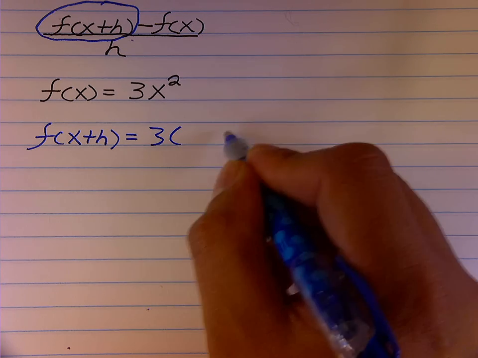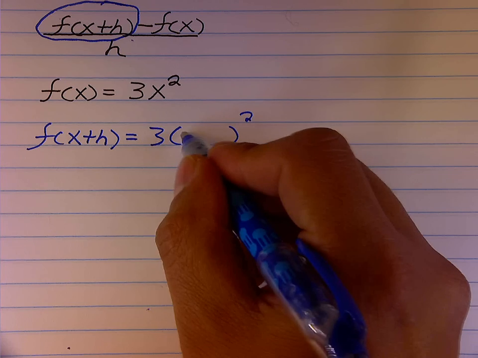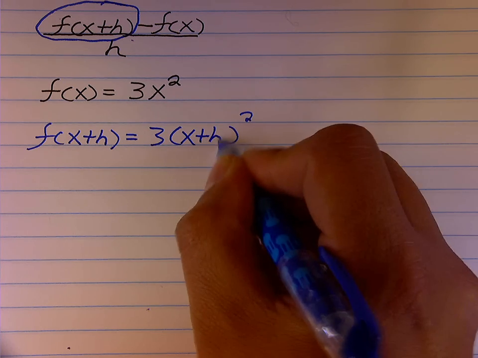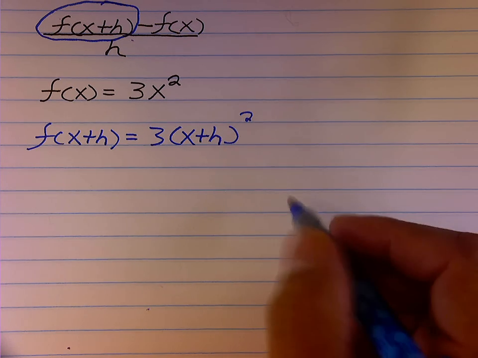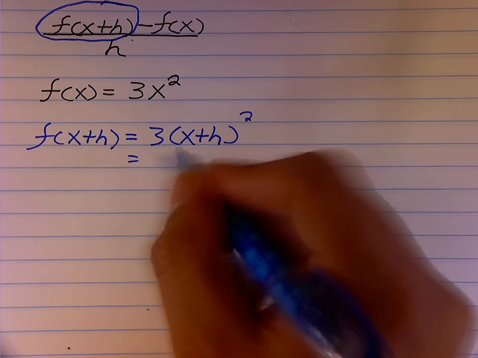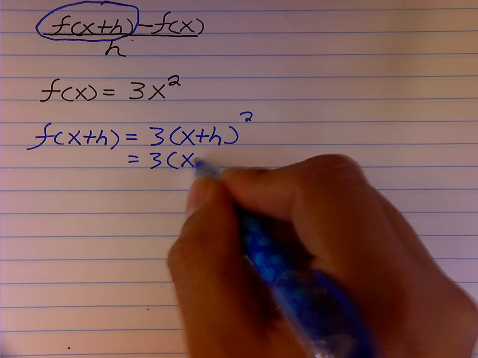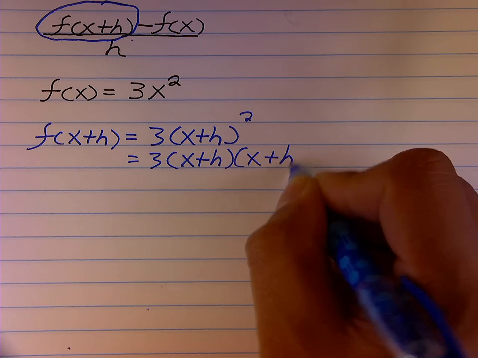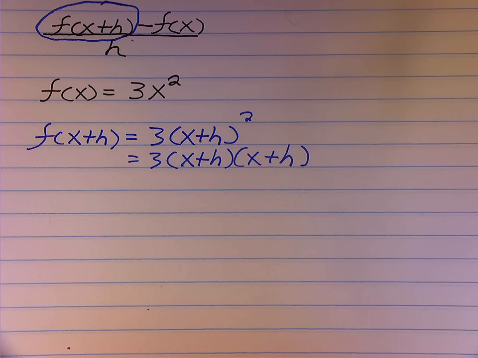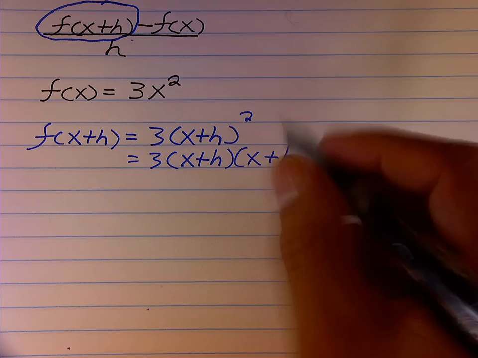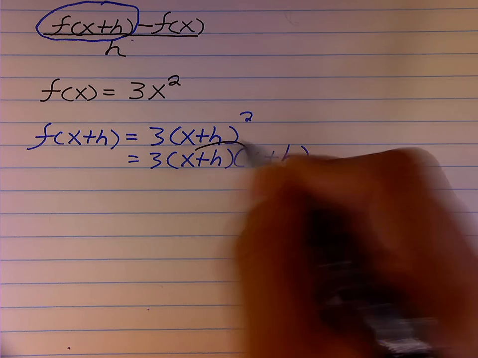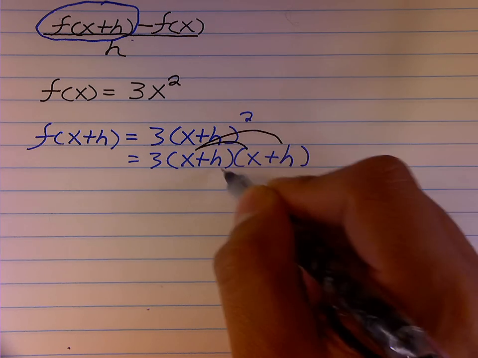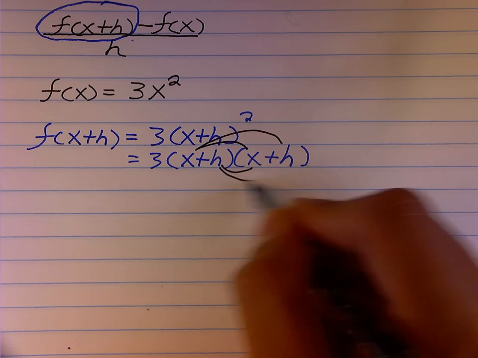So everywhere I see an x in the function, I will replace that with x plus h. Now I'm going to go ahead and simplify my formula. That exponent of 2 says take this quantity times itself twice.